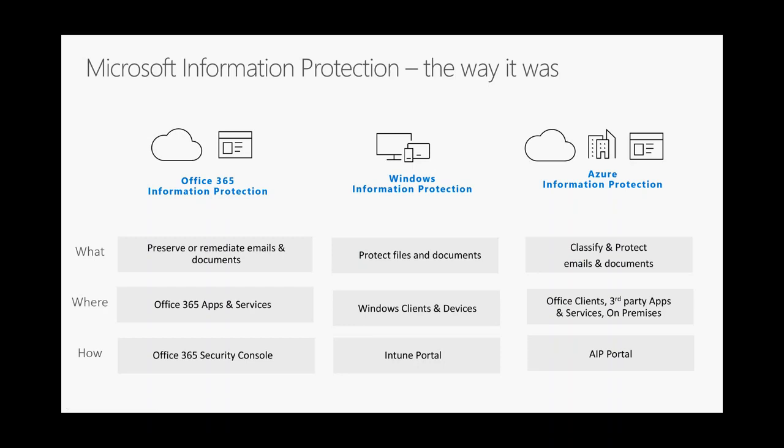All right, thank you, Mike. So we didn't start this way. Essentially, in the past, we had three different products: Office 365 Information Protection, Windows Information Protection, and Azure Information Protection. We had three different products across the company that were helping you classify and protect your data on different devices and cloud services, and we had different management portals.